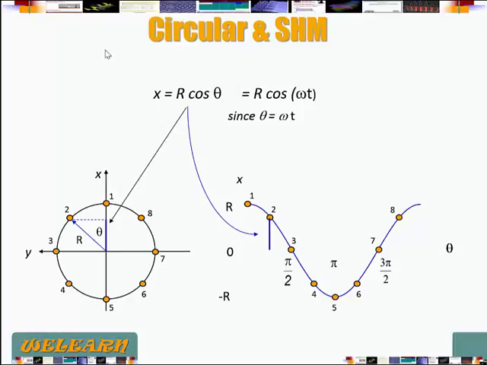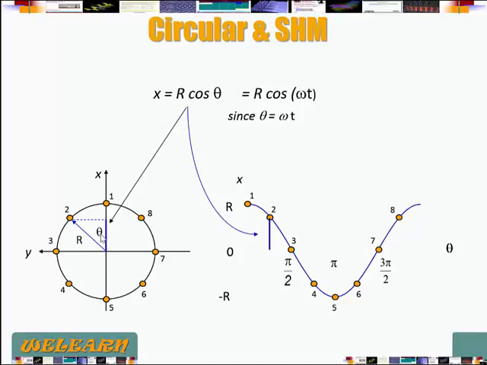For example, here, if I have an object rotating at a constant angular speed omega, and its angular position theta, like at this position 2, is given this way, so we are measuring the angles counterclockwise. This is my x-axis, this is my y-axis.